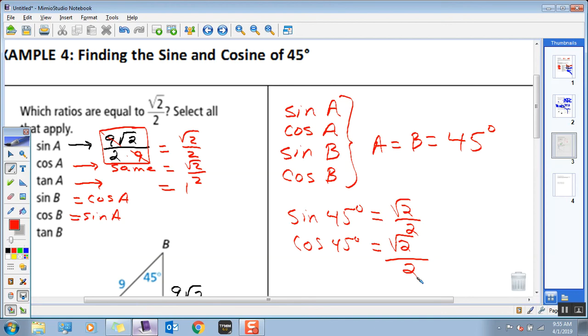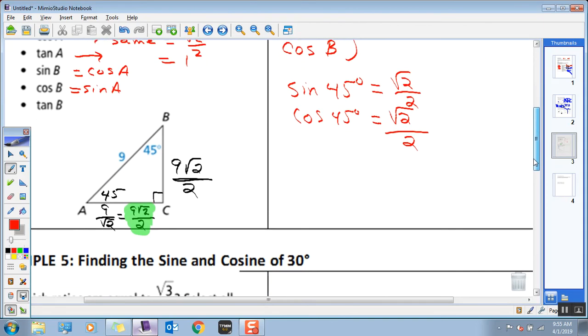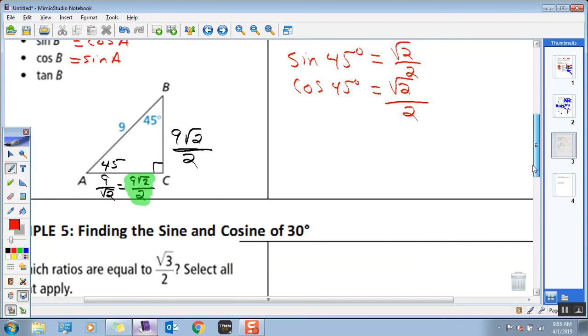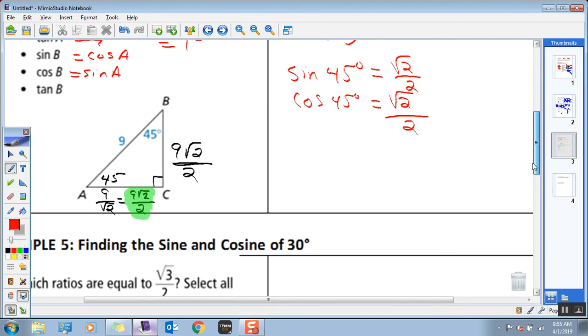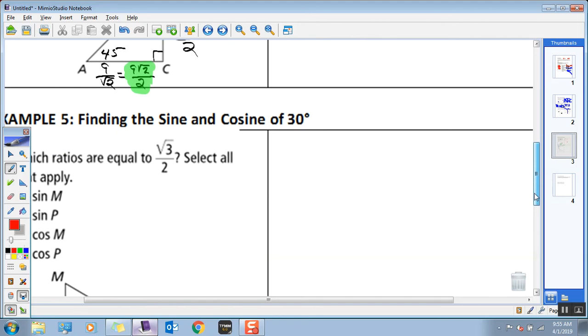Yeah, okay, so 0.7071. Now punch in sine of 45. Punch in cosine of 45. Same thing, right? Okay.